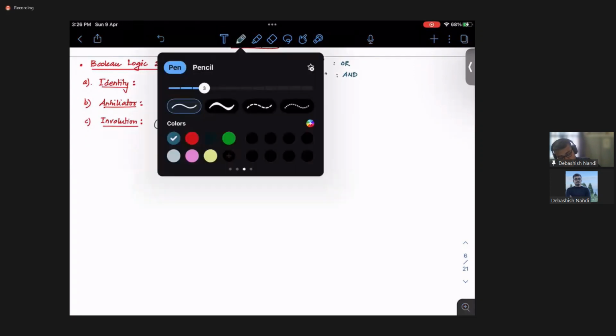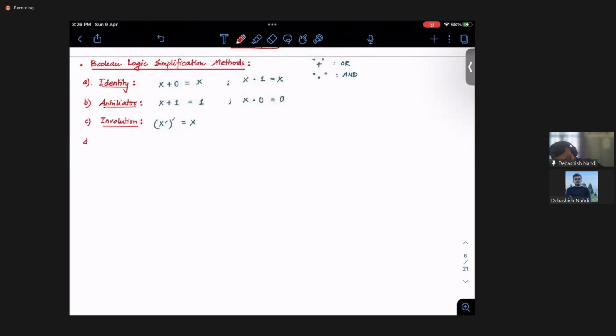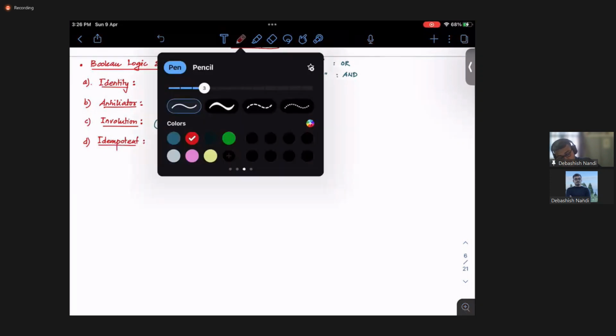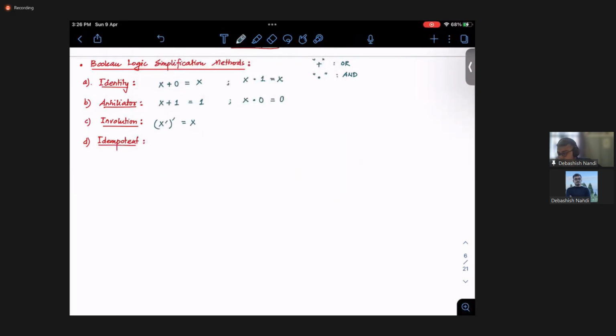And the next property I will be writing is idempotent. What does it say? If x OR x, we get x, right? x AND x will also give x, right? This is called the idempotent property.